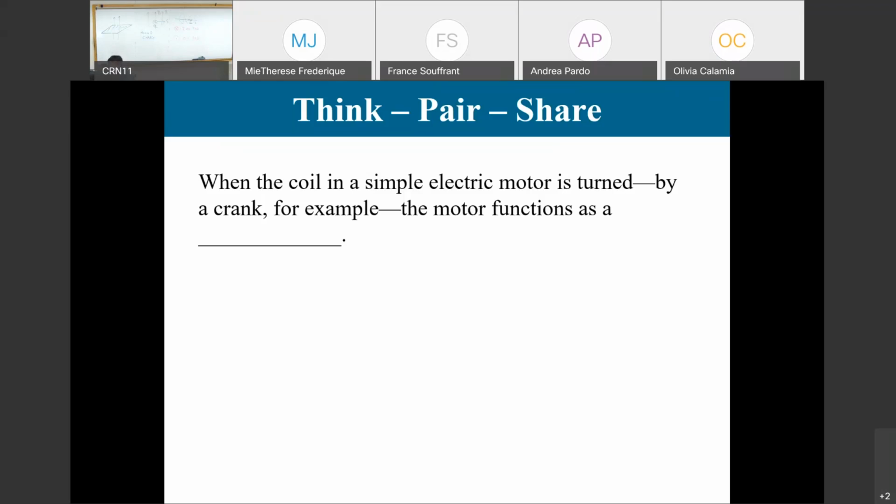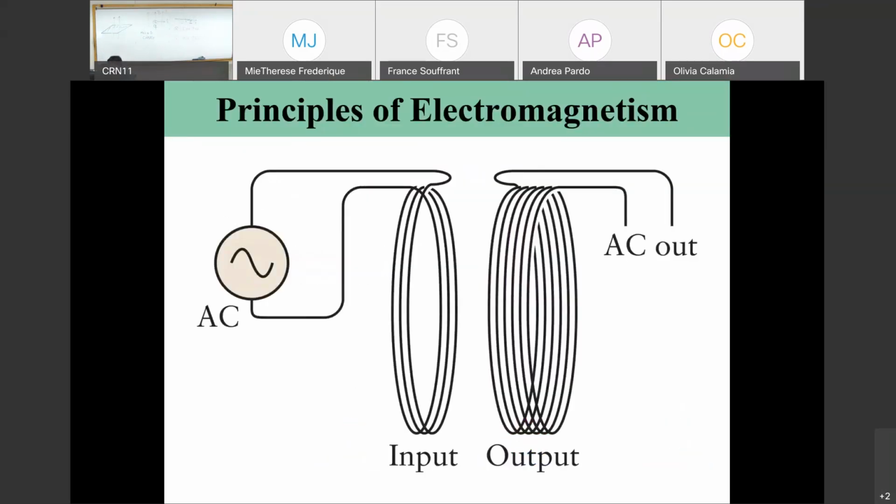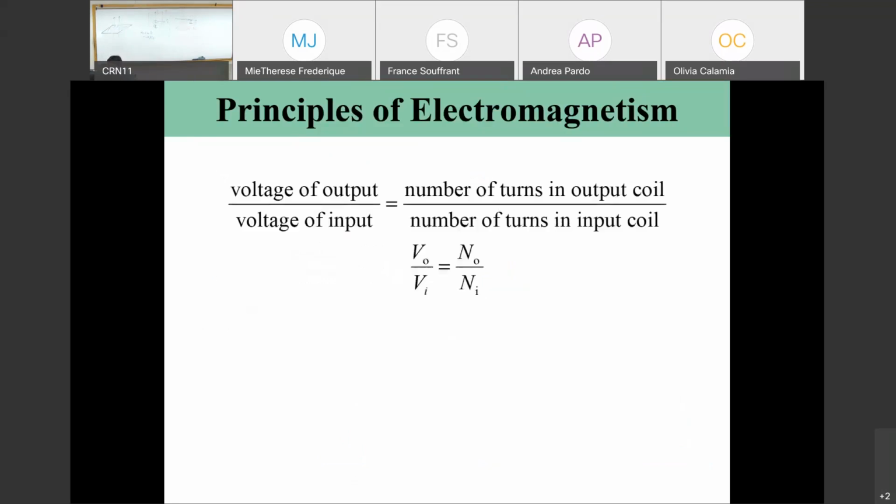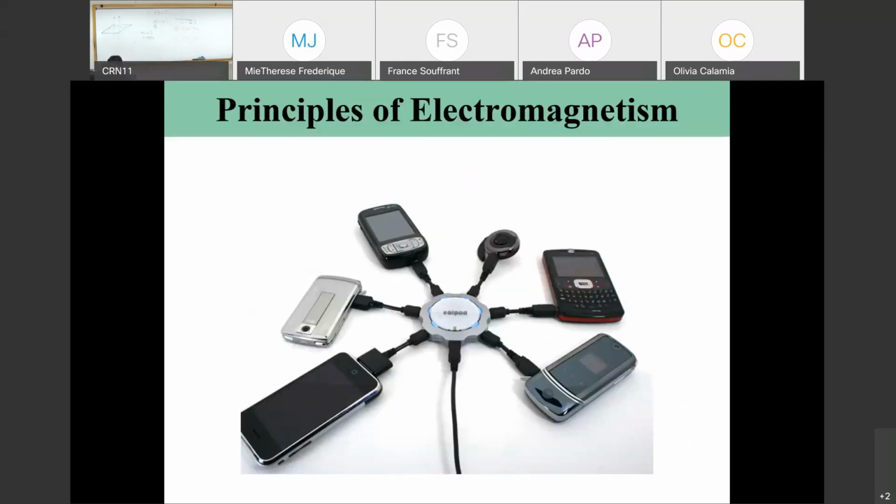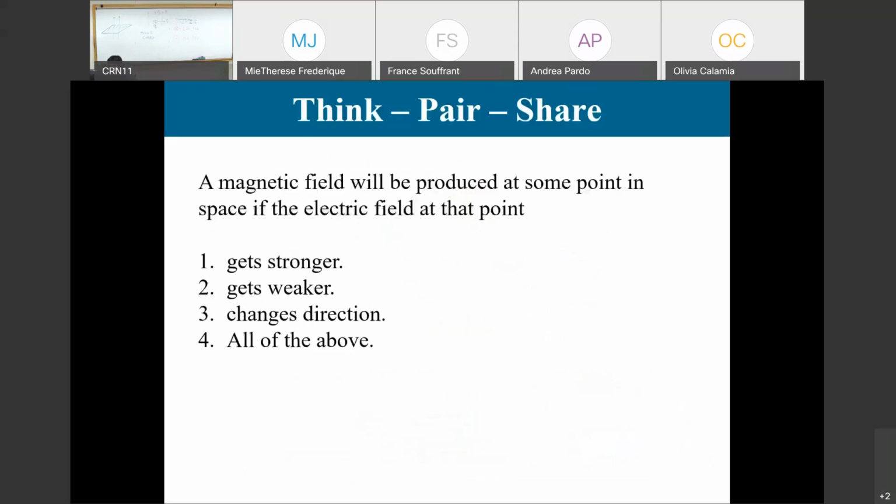So what do we have left? Now we can talk next class about transformers. All right. We will do some equations and then applications of this, for example, in mobile phones or metal detectors.